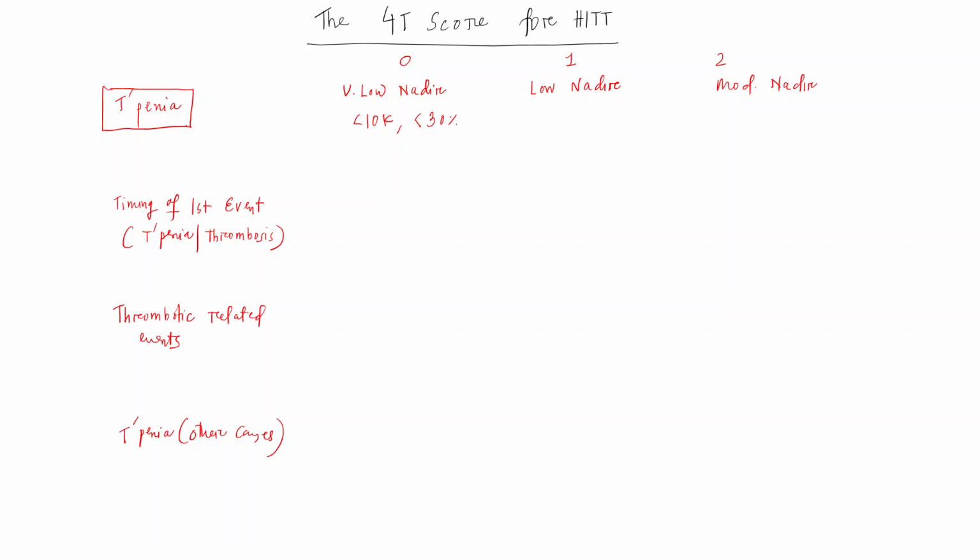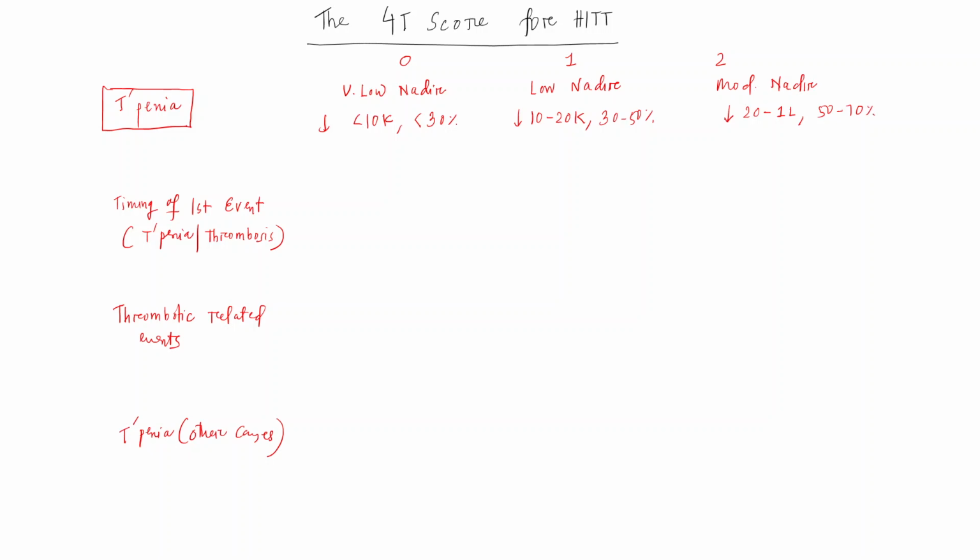Low nadir is a drop of platelets of 10 to 20,000 or a 30 to 50% fall. Then moderate nadir means the fall of platelet count is by 20,000 to 1 lakh, or a 50 to 70% fall.